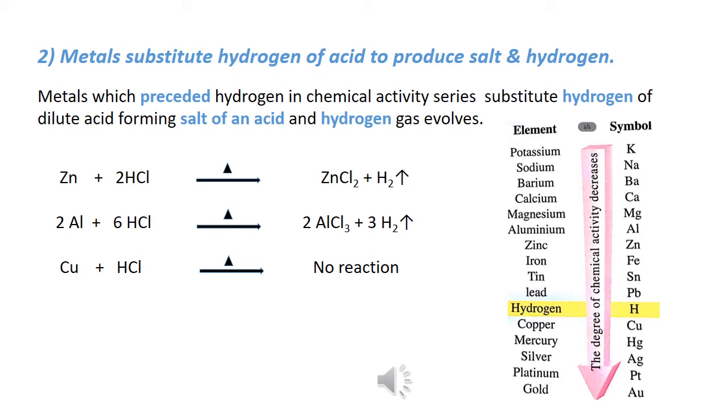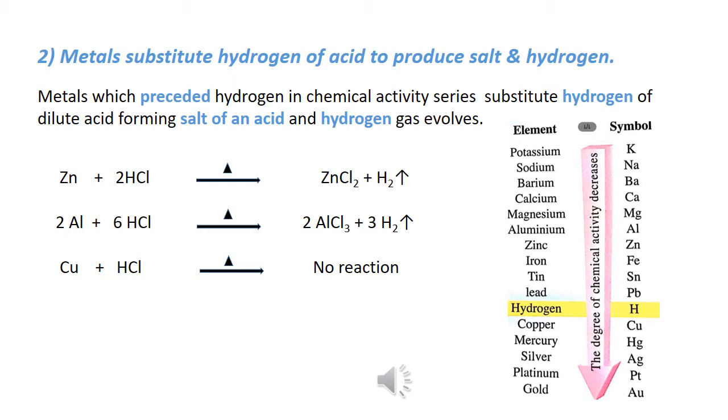As we see here in the chemical activity series, zinc preceded hydrogen, so it can replace hydrogen in hydrochloric acid, producing zinc chloride, and hydrogen gas evolves. Zn plus 2HCl, producing ZnCl2 plus H2.